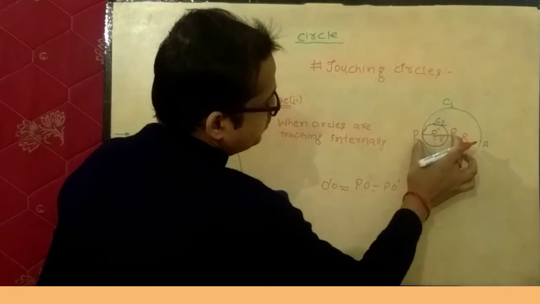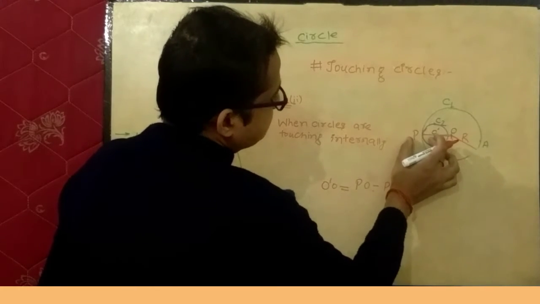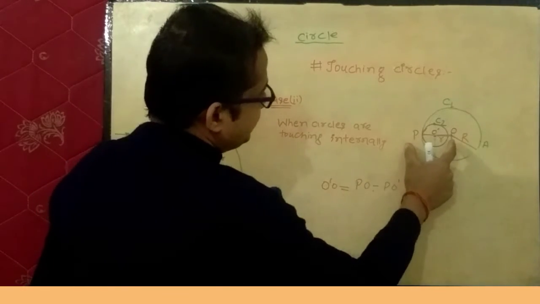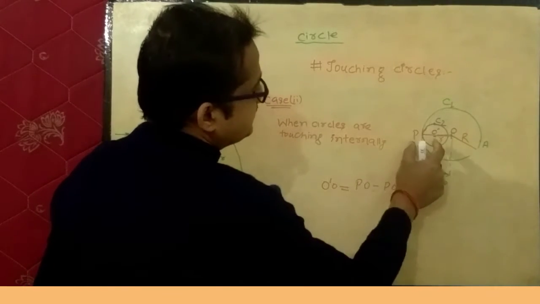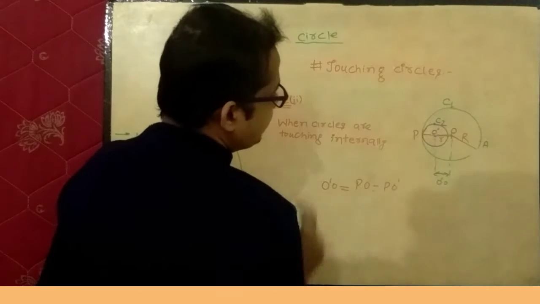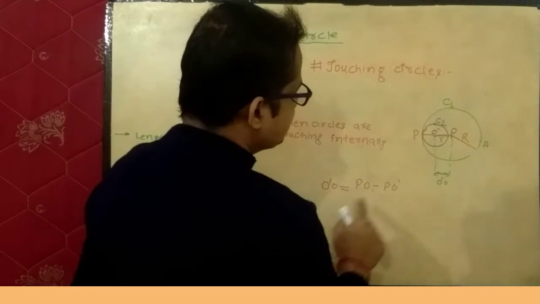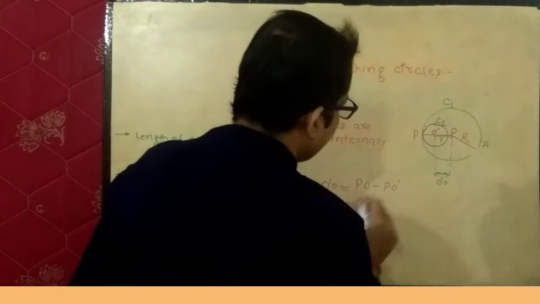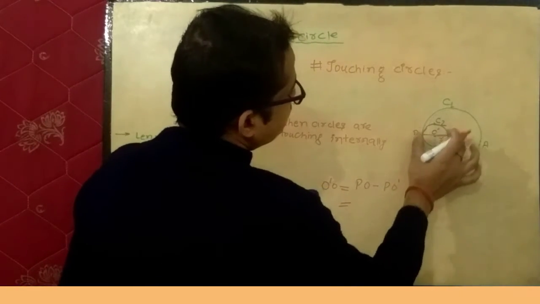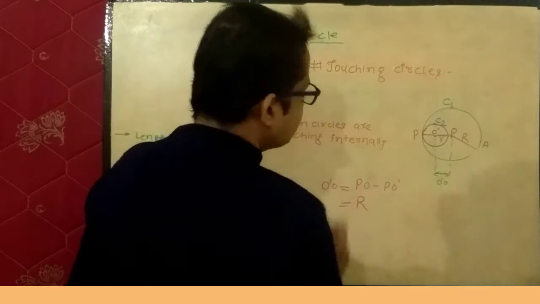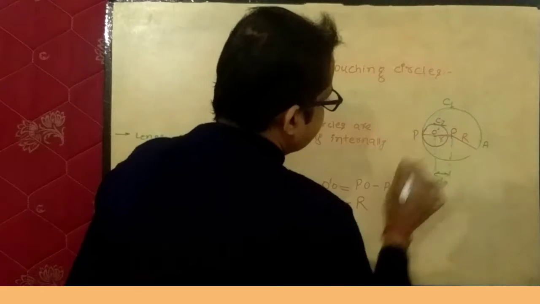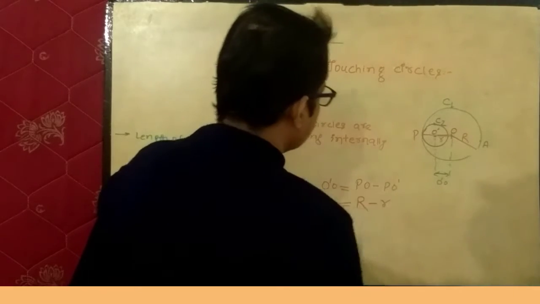PO is the radius of circle C1, so capital R, and PO dash is the radius of circle C2, so small r.